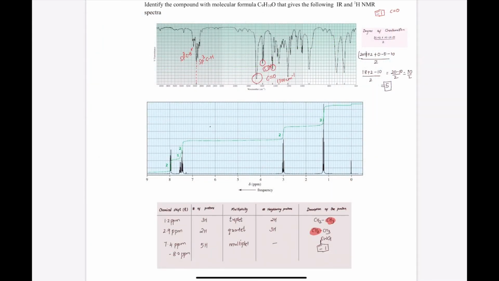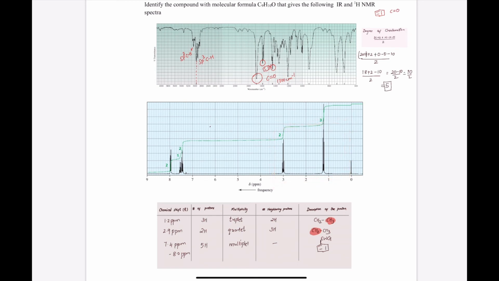Okay, now let's put all of this information together that we have got from the IR spectrum, NMR spectrum, and the degree of unsaturation. So from the IR spectrum, it was very clear we have the C double bond O and also the benzene ring. And from the NMR spectrum, it was clear that the benzene ring is connected to an electron withdrawing group, and also it has an ethyl group, right?